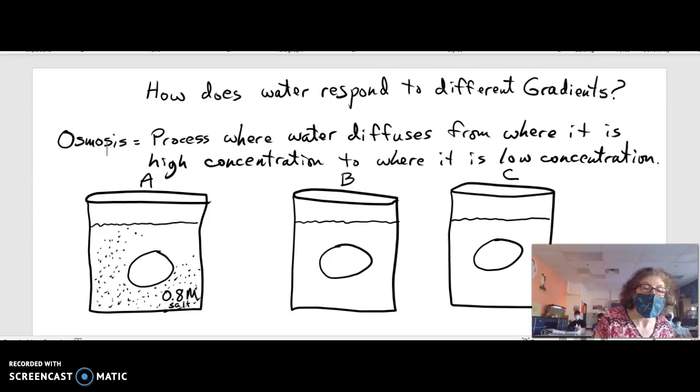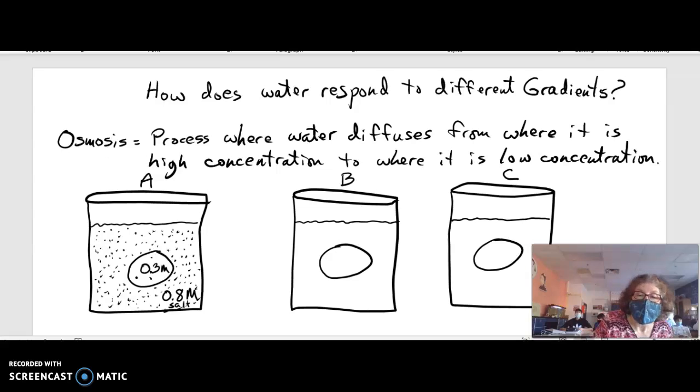I can hear you all putting your dots in. That's terrific. So we have very salty water here. And inside the cell, it's different. Inside the cell, it's 0.3 molar salts, which is less than outside. So we'll just put a few dots in here, not very many. So that's the first beaker.